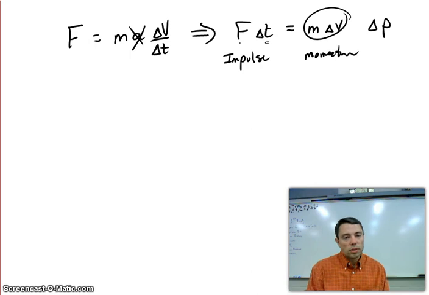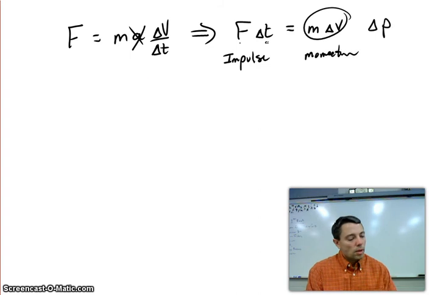And so we looked at it from the standpoint of golf balls getting hit by golf clubs, as well as a car impacting a wall, and then how it's changed as an airbag is deployed. An airbag changes the amount of time, so it allows us to change the amount of force that we experience under that same momentum change.